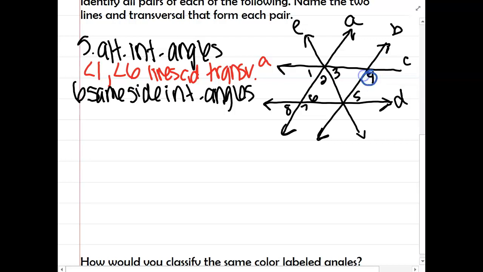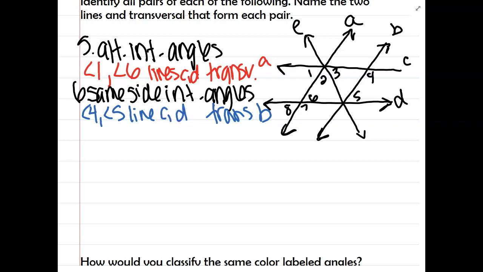Angle 4 and angle 5. They're both on the right-hand side of that transversal, and they're inside those two lines right there. So angle 4 and angle 5, they are on the same side of what transversal? B. Very good. And they are on the interior of what two lines? C and D. Very good.